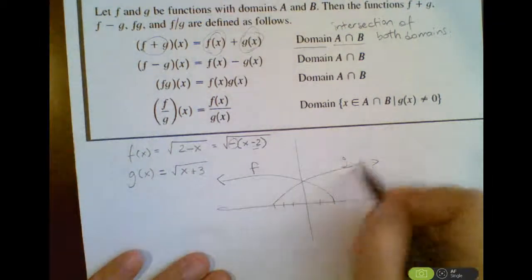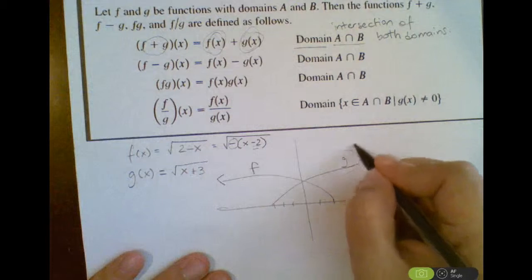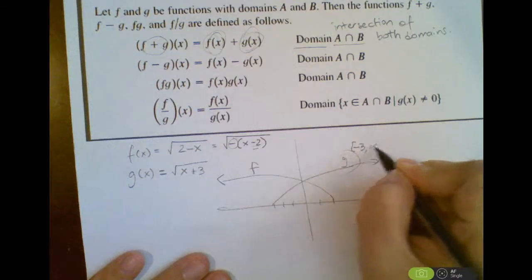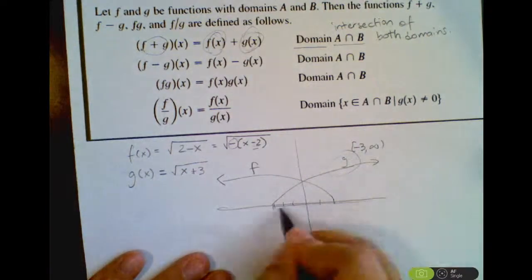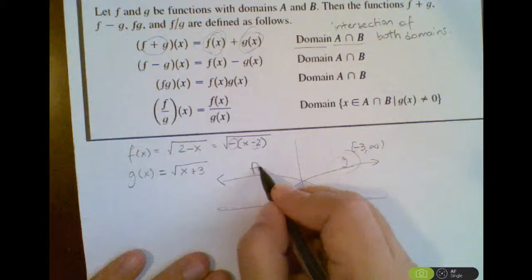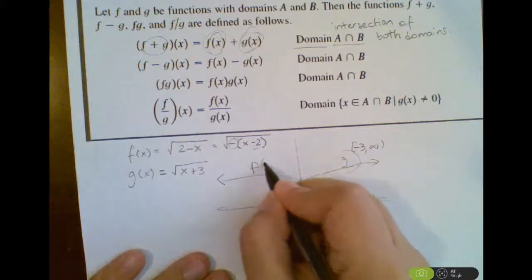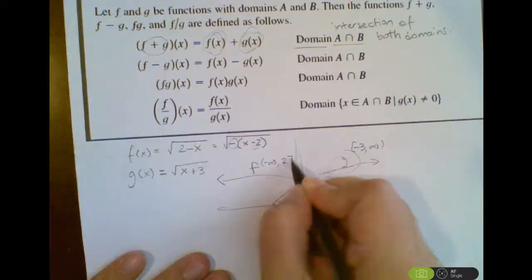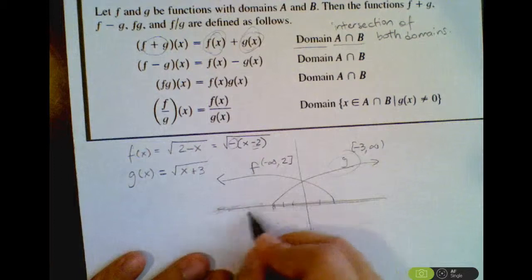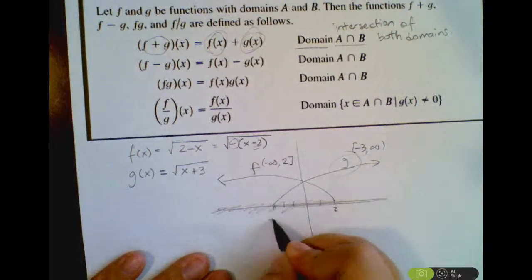In here, the domain of g will be from -3 to infinity because it goes from here over there. And then the domain of f will be from negative infinity up to the number 2.